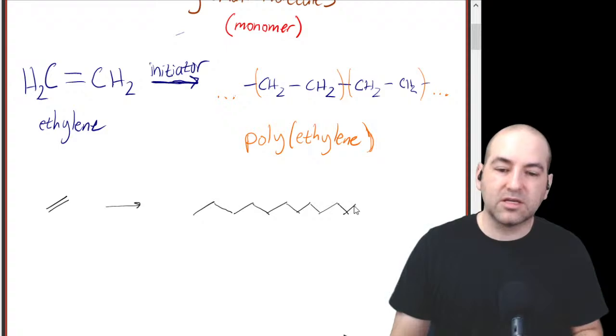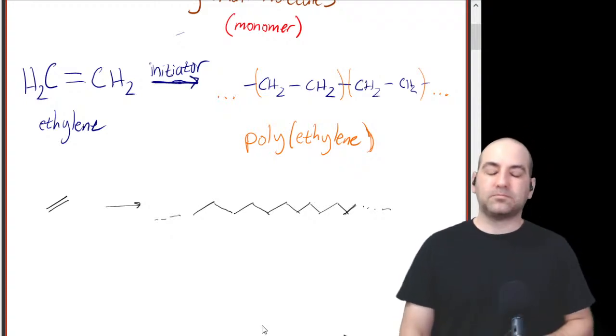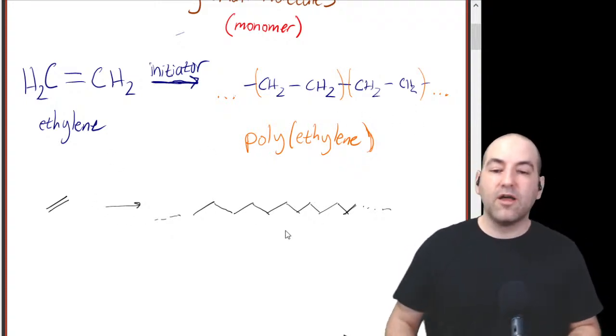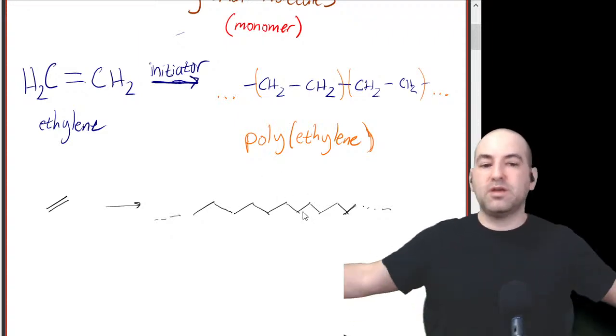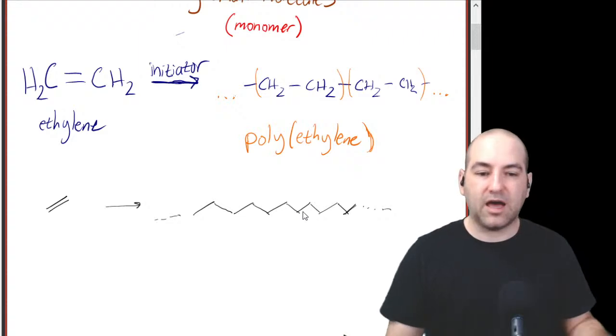And as you can see, this ends up just being kind of like a giant carbon chain that goes on and on. And that's what a line structure would look like. So that helps us to visualize it, because we can say, okay, a polyethylene chain is just going to be like this big floppy chain of single bonded carbons that goes on and on and on and on.